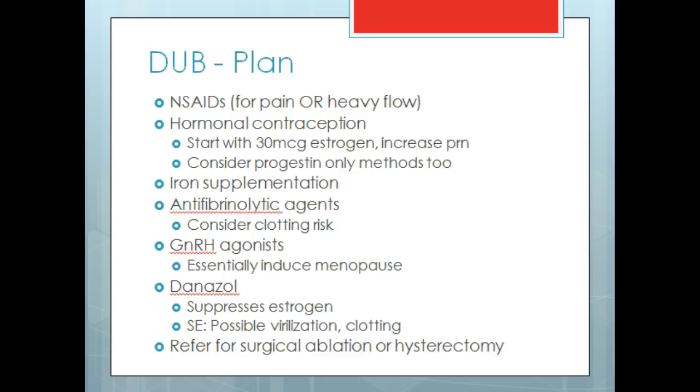So if cramping or heavy flow are a big part of the dysfunctional uterine bleeding that your woman has, NSAIDs are a great option. They're not just for pain, we know them in that context, but they also reduce menstrual flow. On average, they'll reduce flow by about 20 to 50%, and that assumes that she's taken it around the clock for 2 to 3 days at least, or through her whole menstrual cycle if it's lasting longer than that.